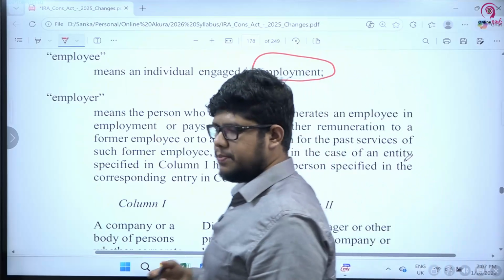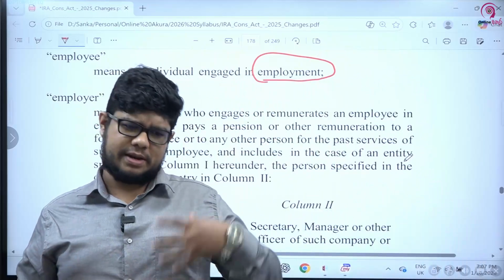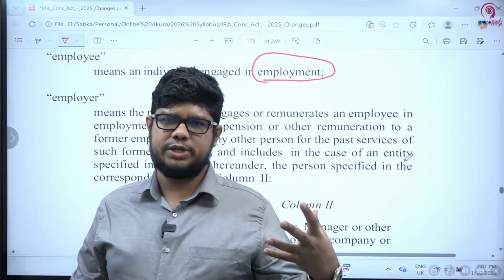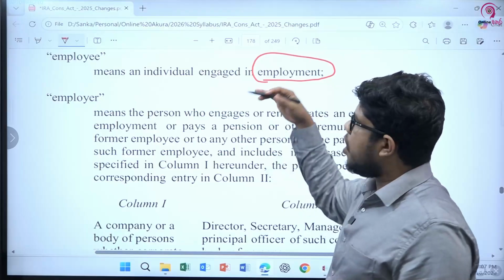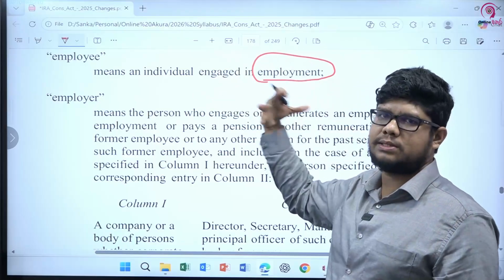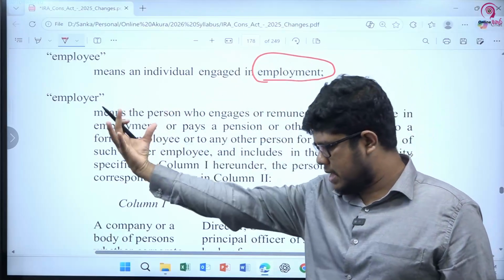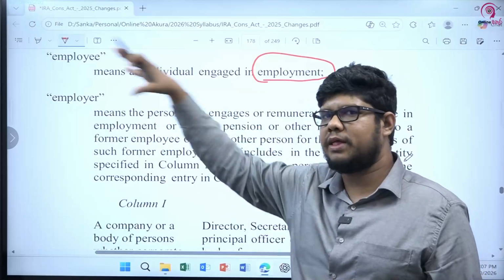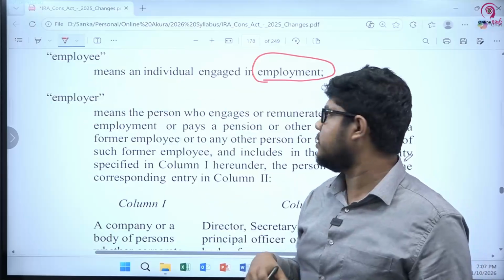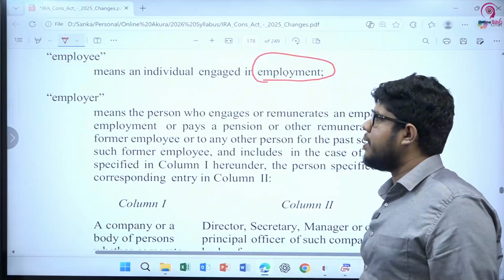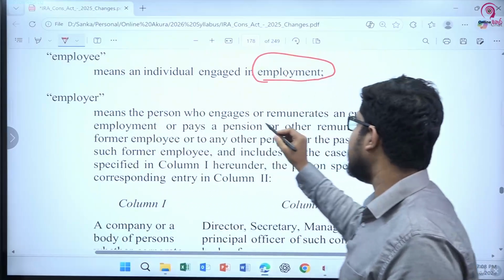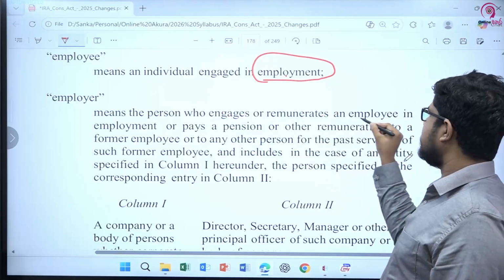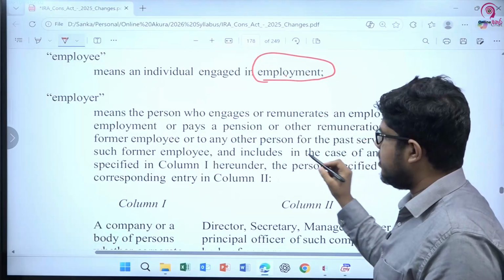Under the term employment, we learn many things, such as having fixed remuneration, a position as manager, director, likewise, right? So if you have those characteristics of employment, if you are having a position with another person as employment, then you are an employee, right? So employer means the person who engages or remunerates an employee, right?